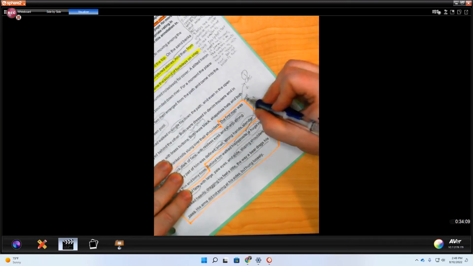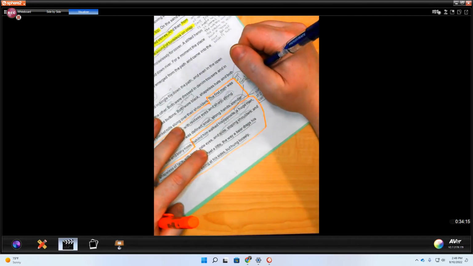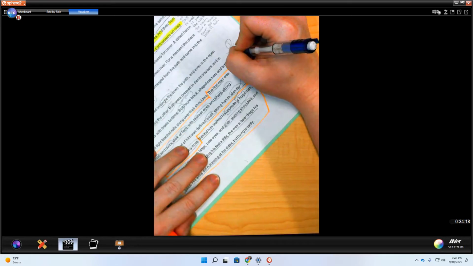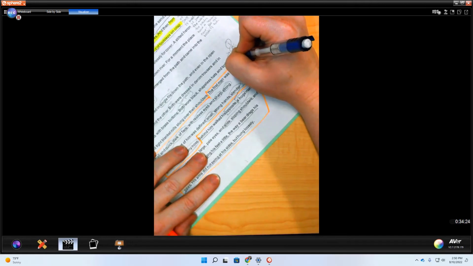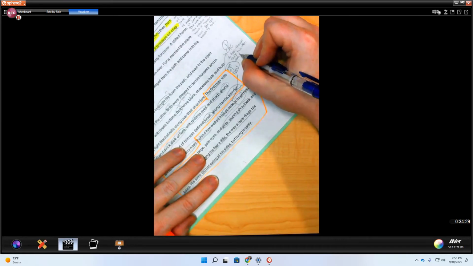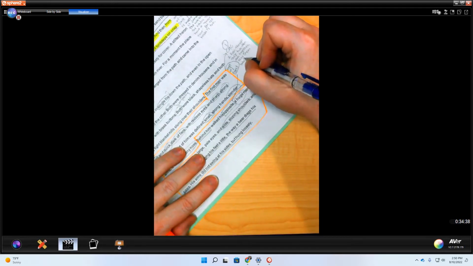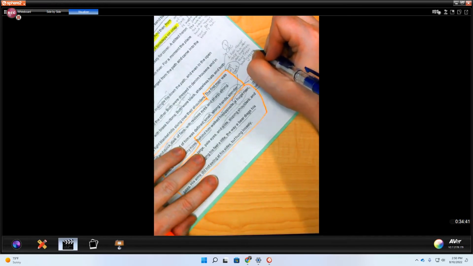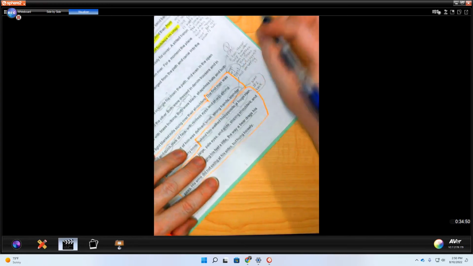I'm going to explain, and I'm going to say here that even though these two men are together, they seem totally opposite and contrasting. So that's my first one.